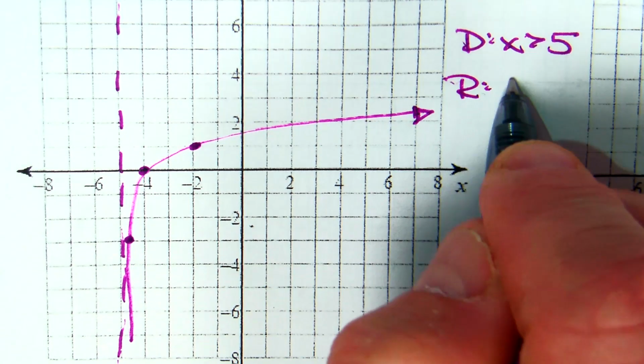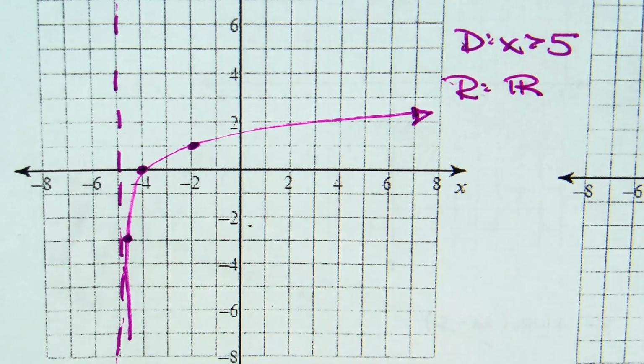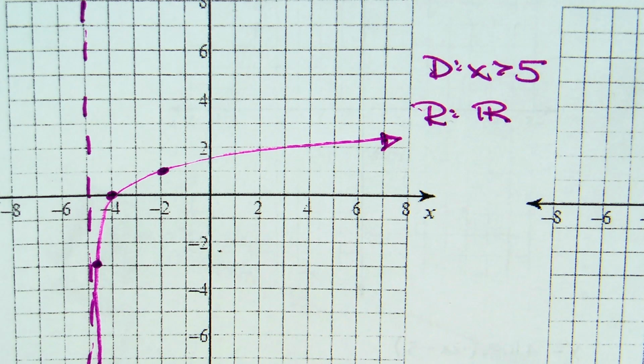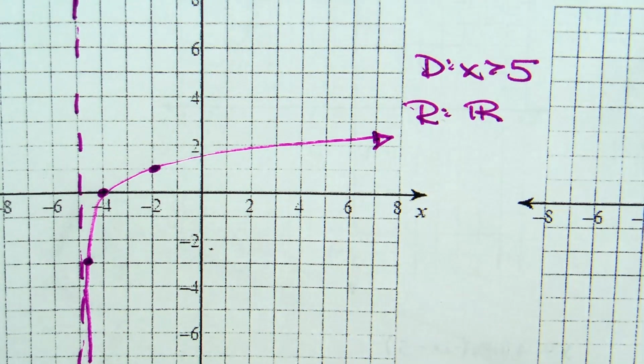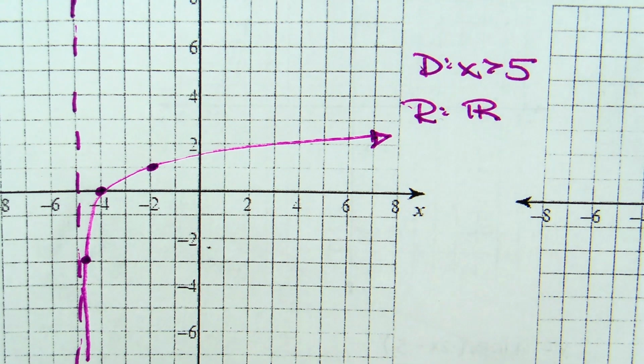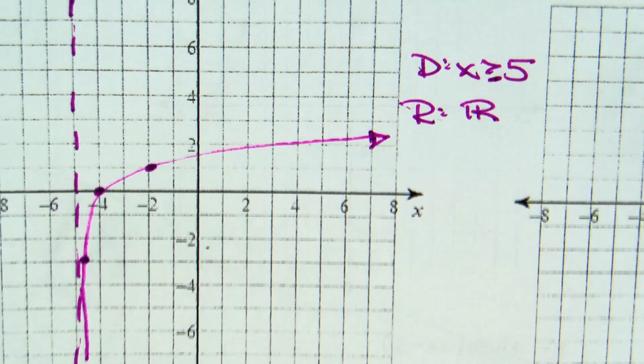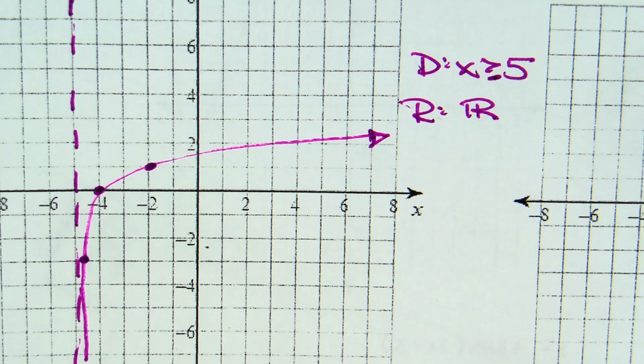Range for that is all real numbers. Could be x is greater than 5 or what? Negative 5. Sorry, I'm in the wrong part. Alright? All good? Better?